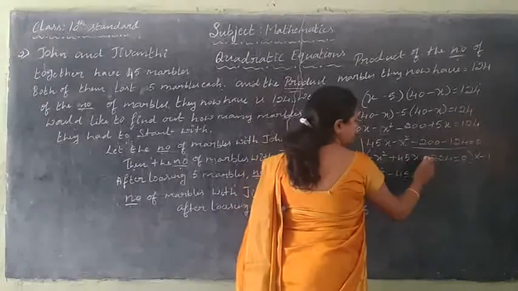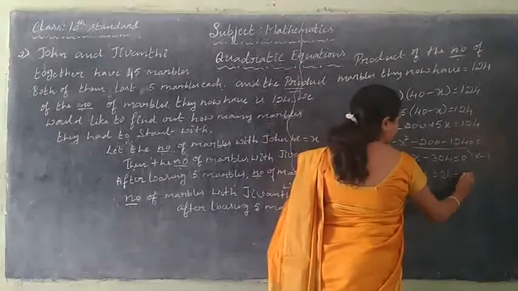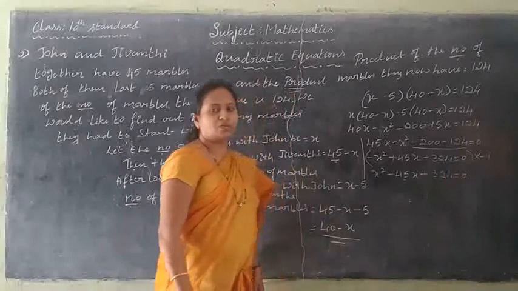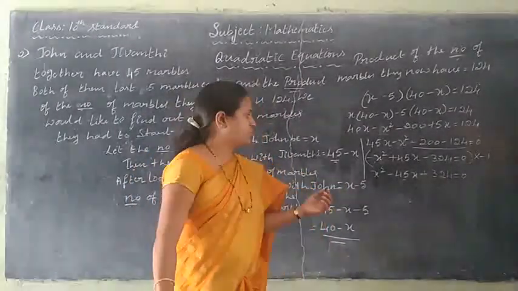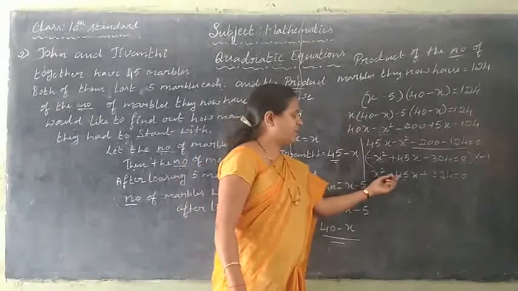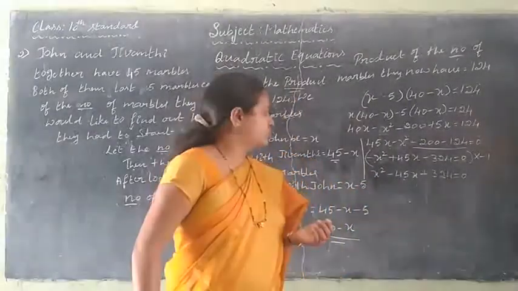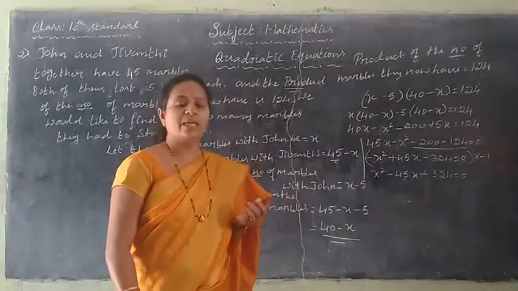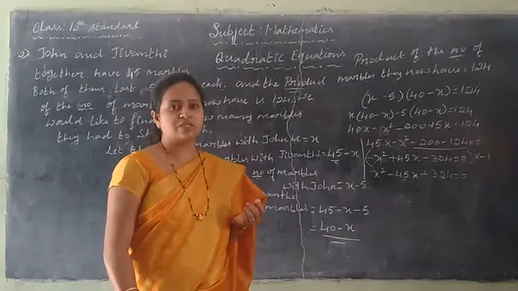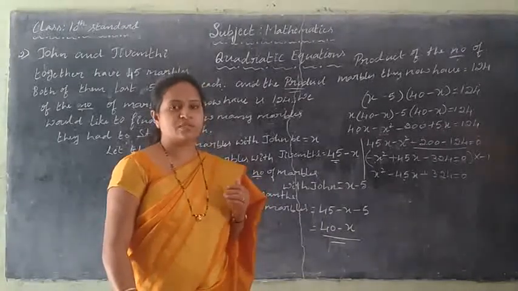Yes. Minus into minus is plus 324 is equal to 0. Got it? After multiplying the equation by minus 1, you are going to get x square minus 45x plus 324 is equal to 0, children. Understood? Okay. Now we got the equation in the form of ax square plus bx plus c is equal to 0, which means the standard form of a quadratic equation, isn't it?